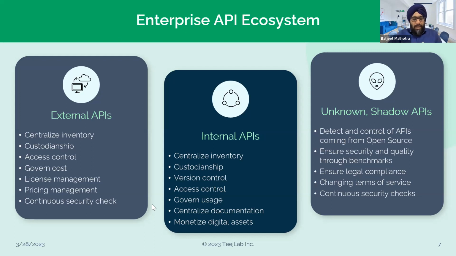If you look at the middle, internal APIs could be APIs that you built for your internal teams. A lot of organizations essentially have taken this digital transformation journey where they're trying to break their data silos across their different business units by building these APIs for seamless integrations.